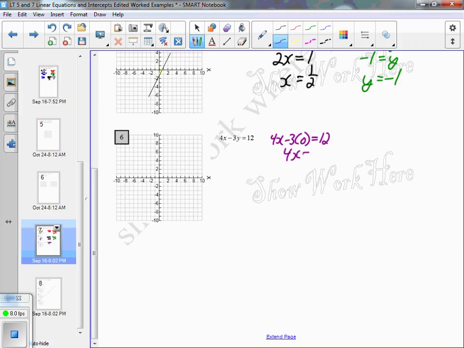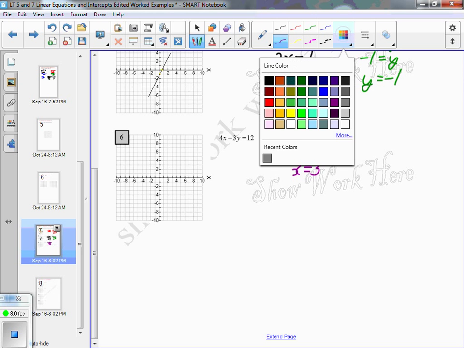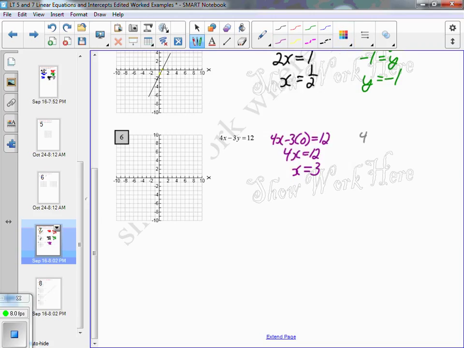That's just 4x equals 12, x equals 3. Okay? To get the y-intercept, replace the x with 0. So that'll be 4 times 0 minus 3y equals 12. Negative 3y equals 12. Y equals negative 4.